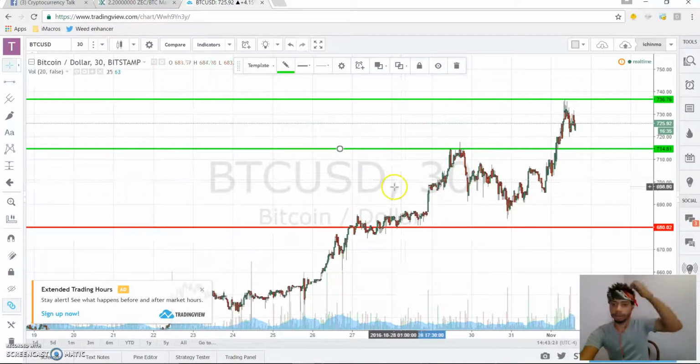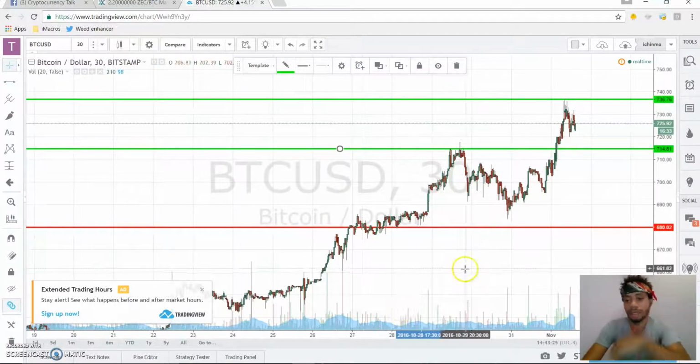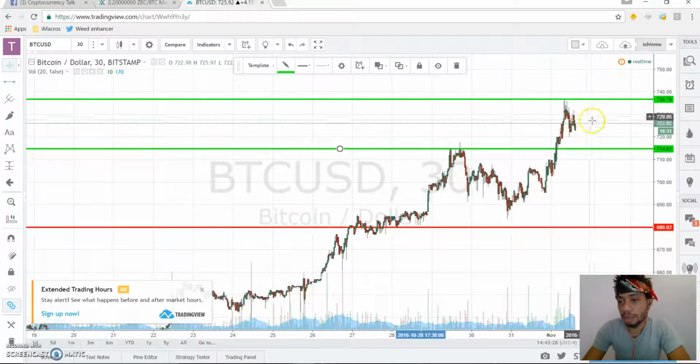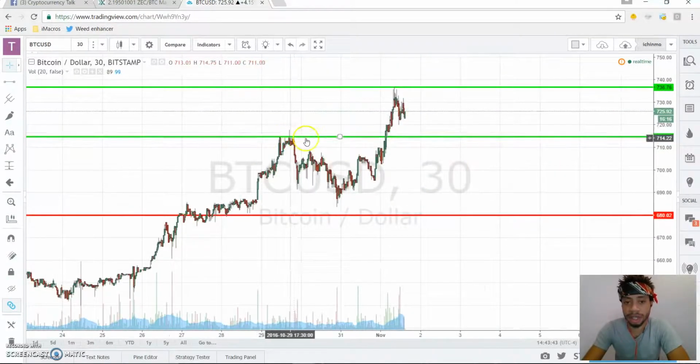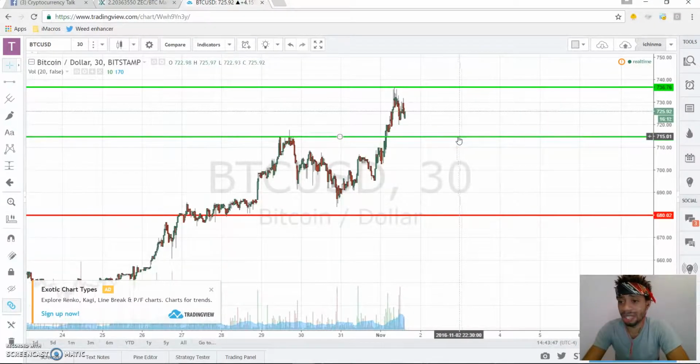Now, what's going to happen is this is going to move sideways for the next day. What's today? Today is Tuesday. So by the weekend, this should stay in this area, right? And it's either going to bounce off of this line at 715, which I'm pretty sure it's going to stay above.